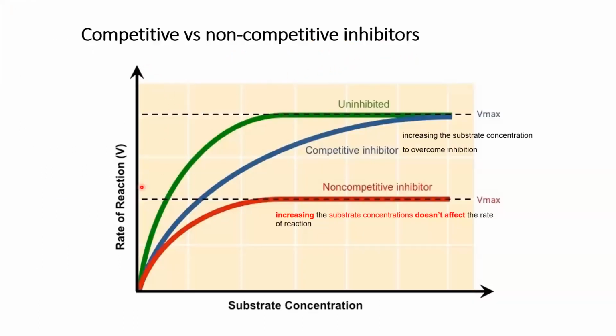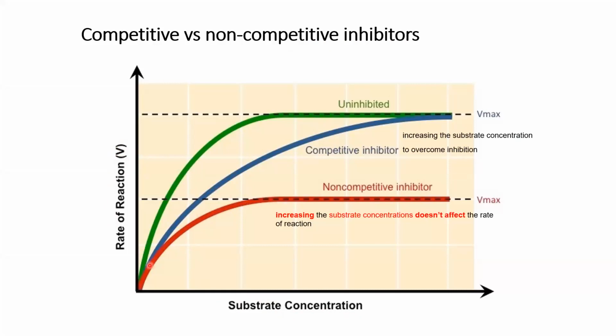So this graph shows you the rate of reaction for three different types of reaction. The y-axis is the rate of reaction or velocity of the reaction, and the x-axis is substrate concentration. You have three graphs: the green graph, the blue graph, and the red graph.